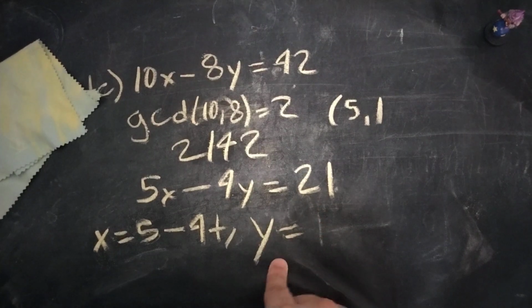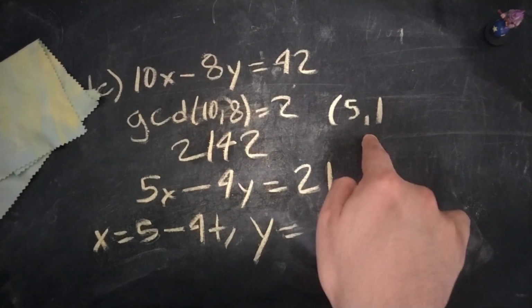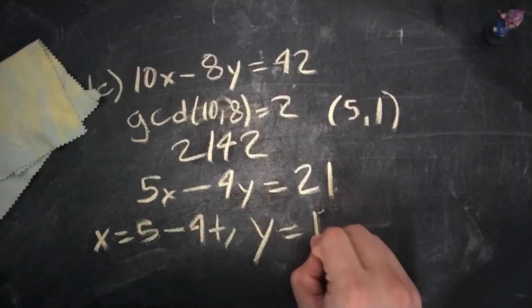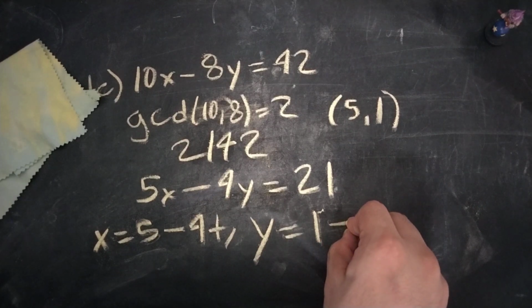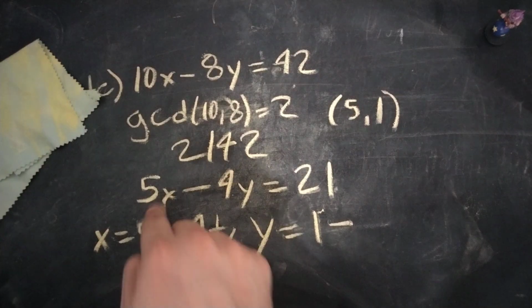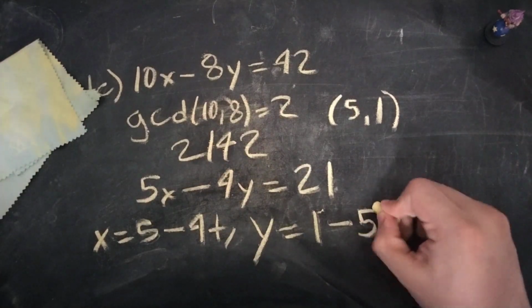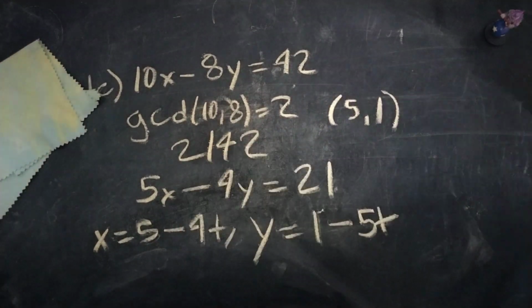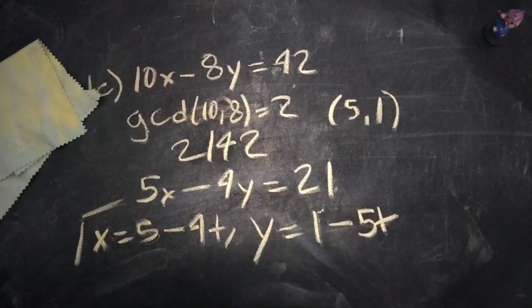And the general solution for y is the initial value, 1, minus the coefficient over here, which is 5, 5t. That's your solution for 1E.